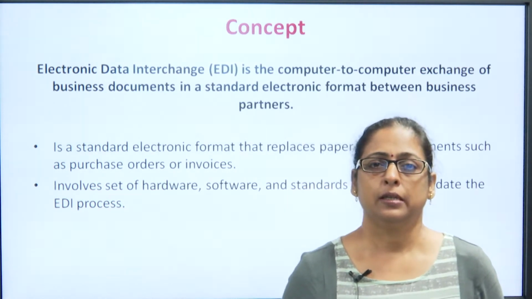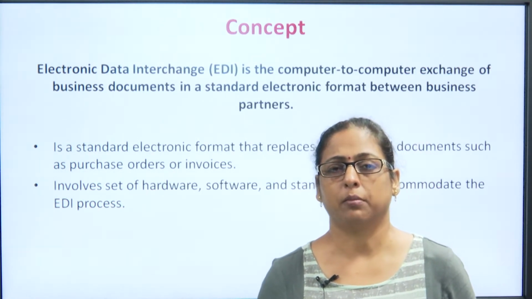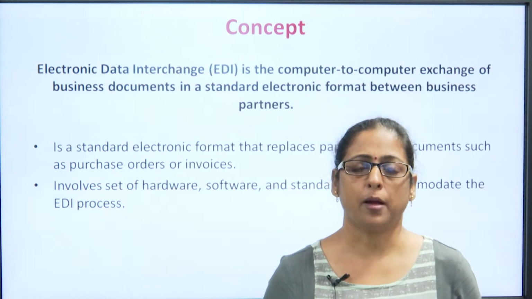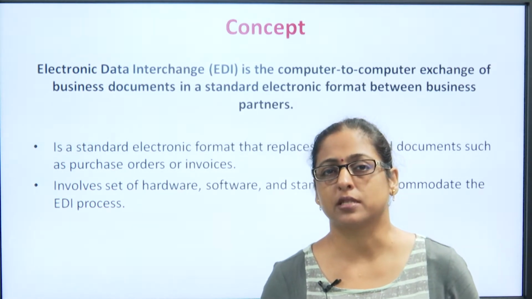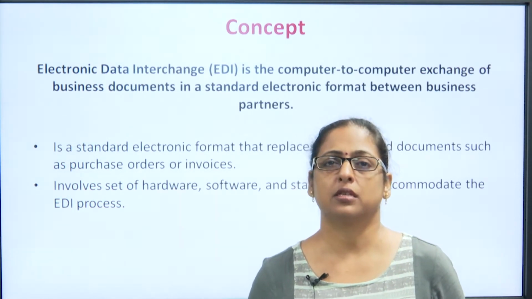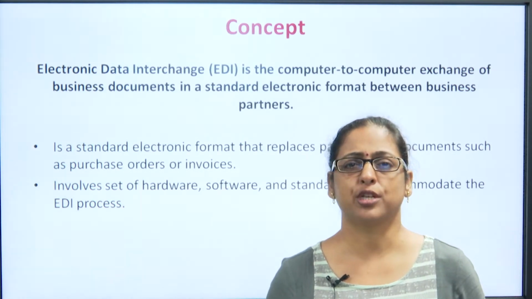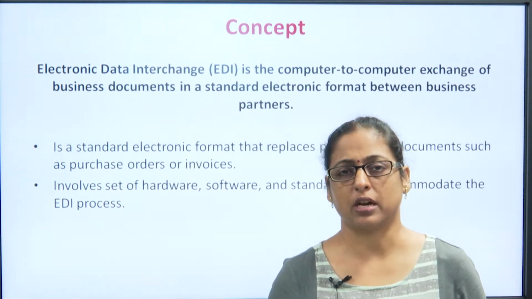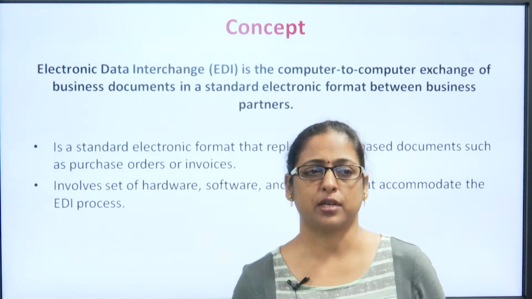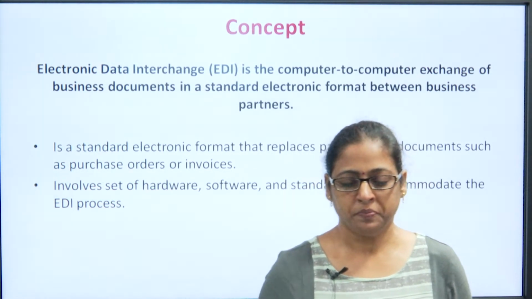For example, there is a company placed in city A, and another company placed in city B, and a sale and purchase, or trade transaction, is happening between these two companies.